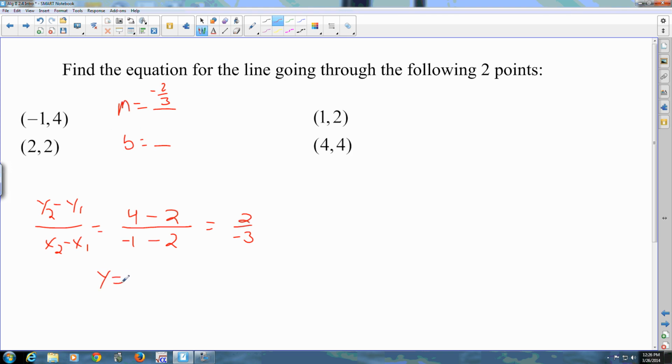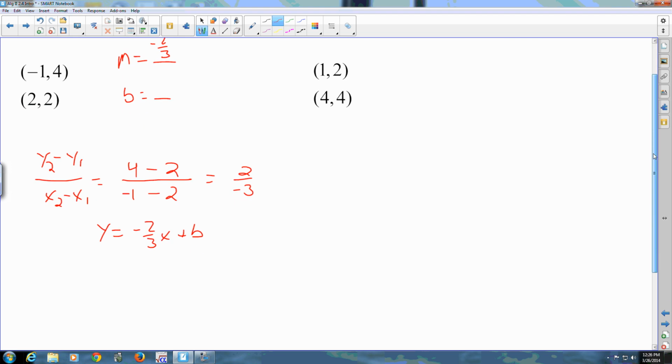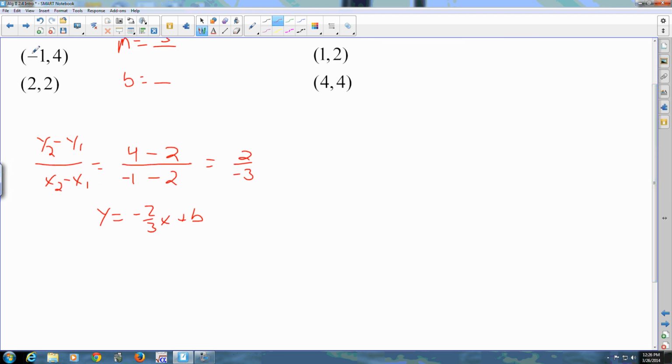So that's when you back up and you go like this. Now it doesn't matter which point you fill in. I'll do the top one and the bottom one just to convince you. I'll do one then the other. So that's an x, that's a y. So 4 is equal to -2/3 times -1 plus b. 4 is equal to 2/3 plus b.